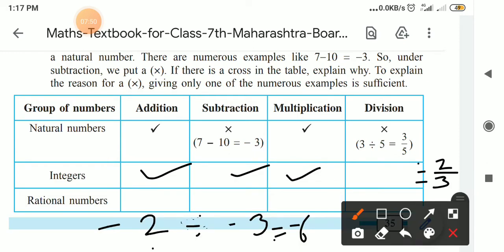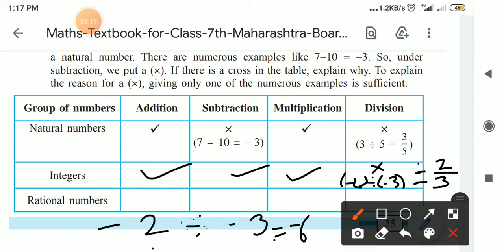And 2 upon 3 is not an integer, so here the cross sign will come. Minus 2 divided by minus 3 is equal to 2 upon 3, and 2 upon 3 is not an integer, and that's why we have to write here as it is. Okay, so this is the second bracket, just note this down.